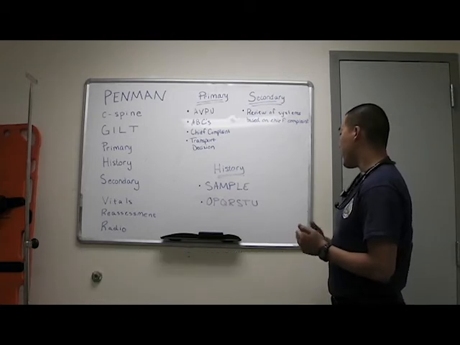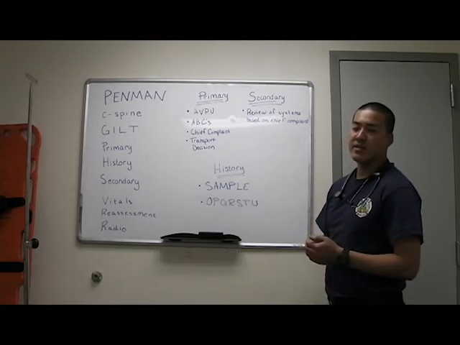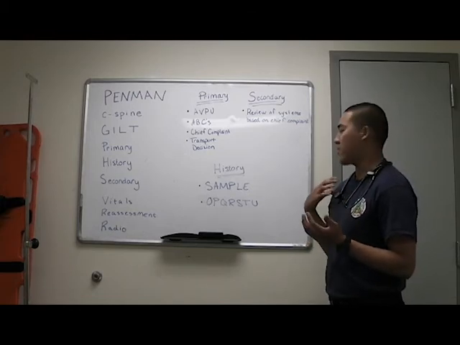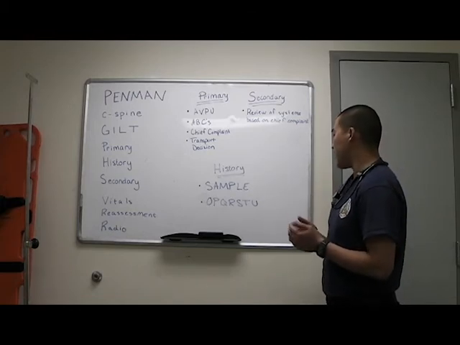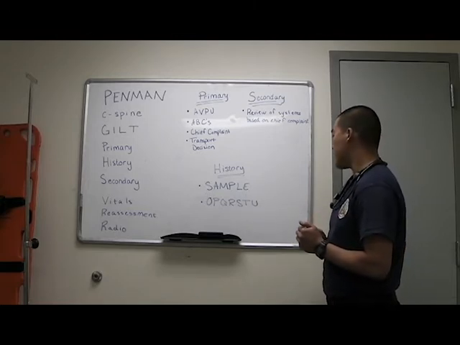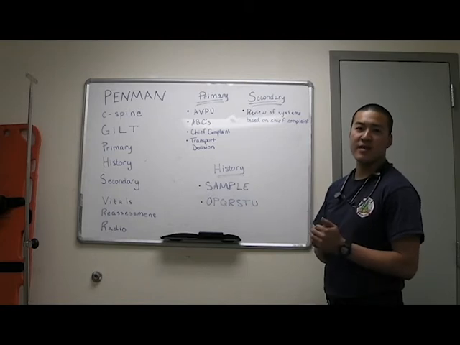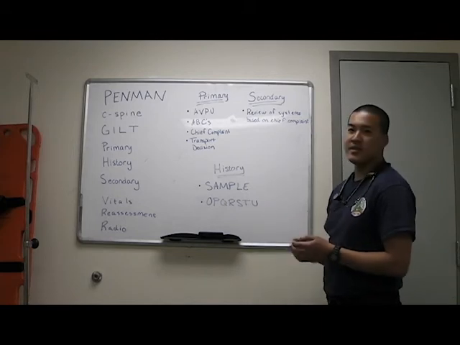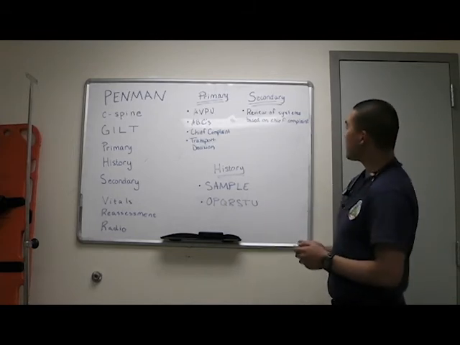At that point, radiating. Does the pain radiate to any region? So you can use palpation, determine if the pain goes anywhere else. And then severity. You want to see what the severity is. Time. How long has the pain been going on? So it could be days, could be hours. And then has this ever happened to you before?